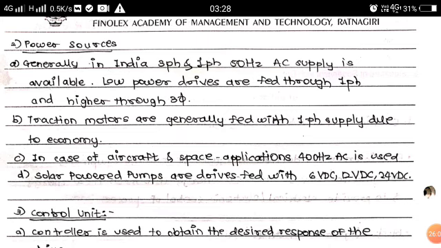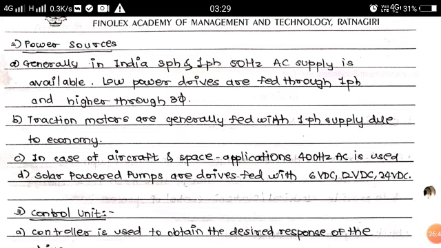How much load can we put on that single phase supply, or what could be the maximum power of a single phase induction motor? We can hardly draw 15 amperes of current from the single phase outlet, because at the back end, the wire which is giving current to the home, and if we go back like that towards the source side, the system is designed according to those current levels.